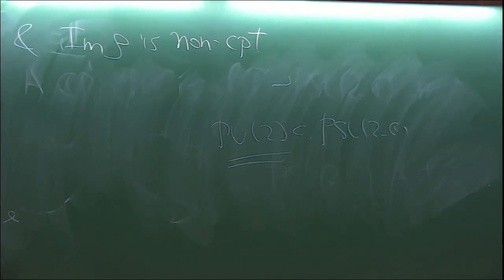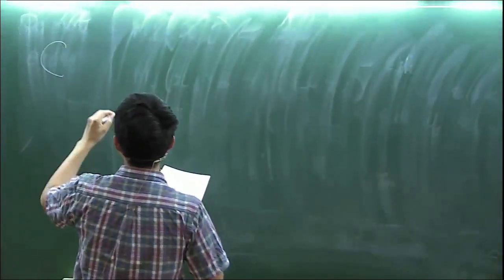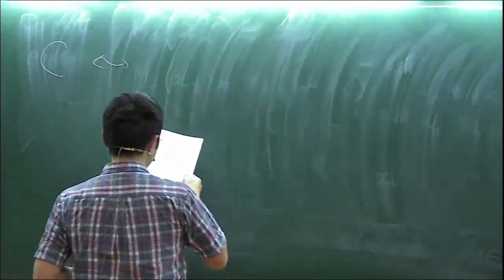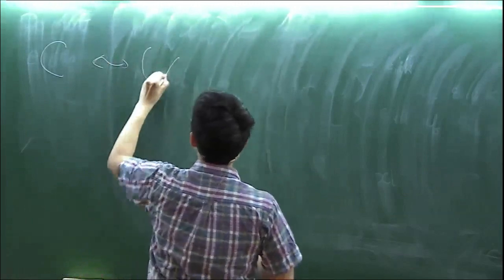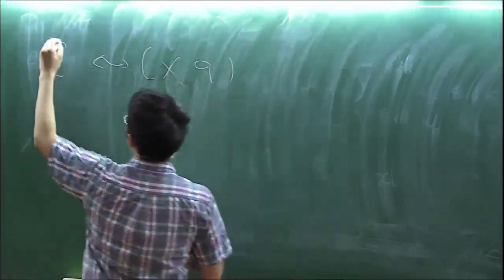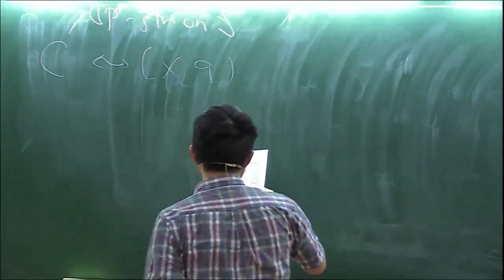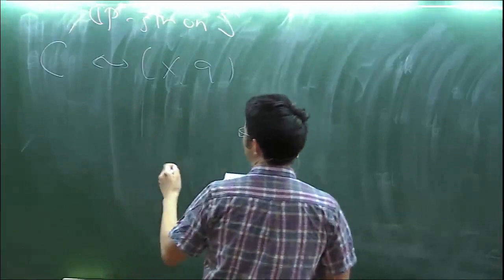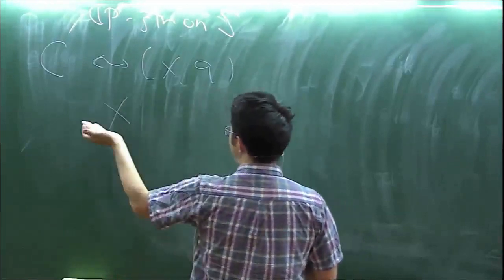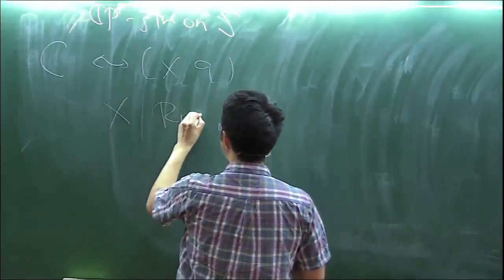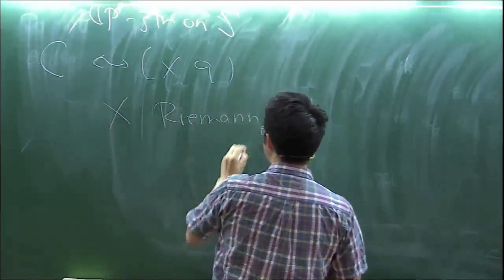Okay, so let us look at the lifting property of the holonomy representation. Each CP1 structure, so this is a CP1 structure on the surface S, corresponds to a complex structure.